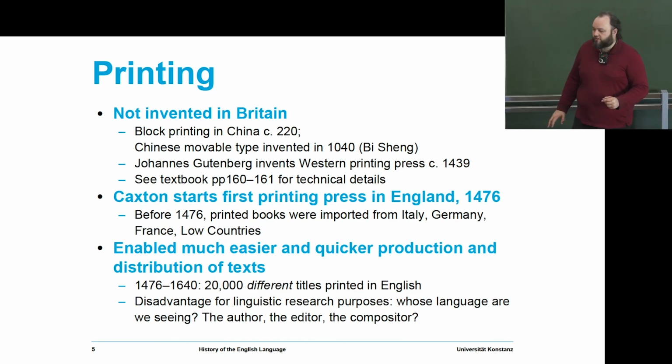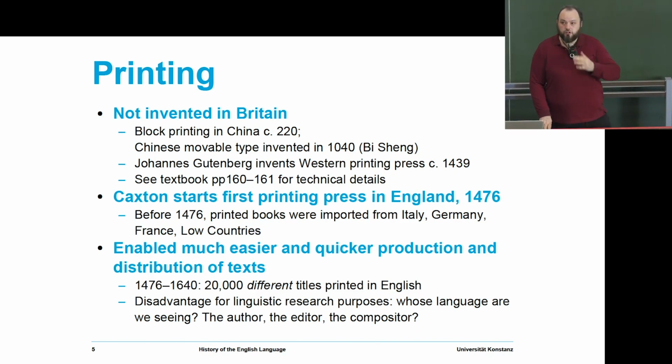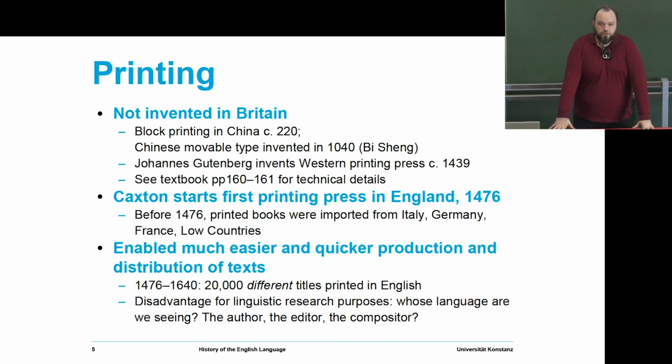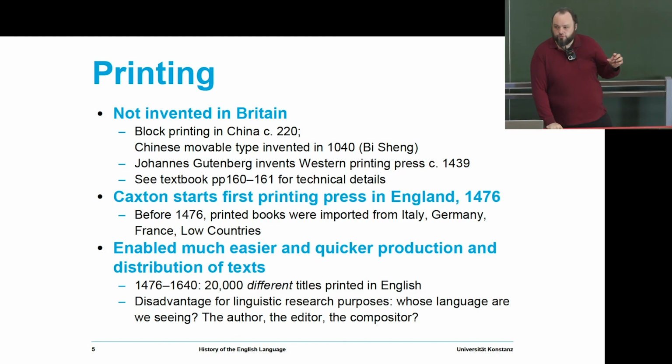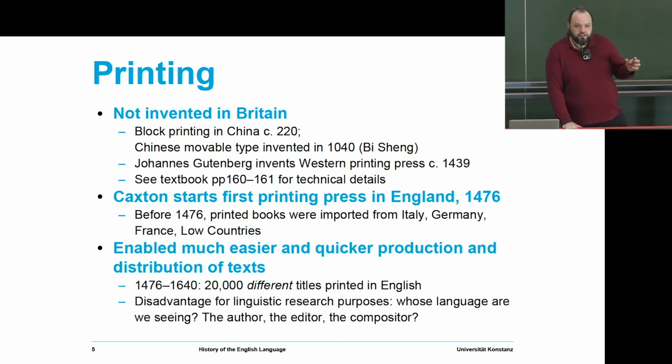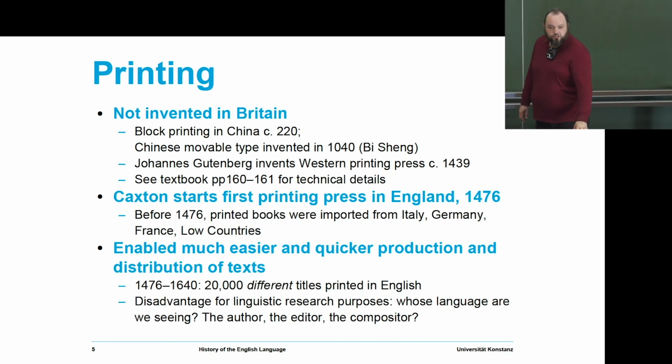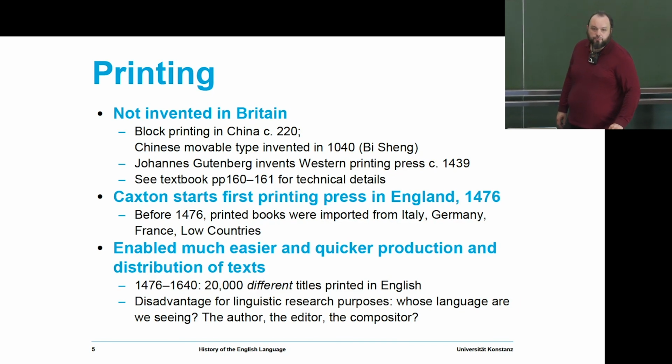If you, for instance, take a look at the textbook for this course, you will not immediately be able to tell whether a particular linguistic feature comes from the author of the textbook herself, Ellie van Gelderen, whether it comes from the copy editor, so someone who's gone through the text and checked it and worked closely with it, changing the language, or whether it comes even from the proofreader or the typesetter later on in the process.